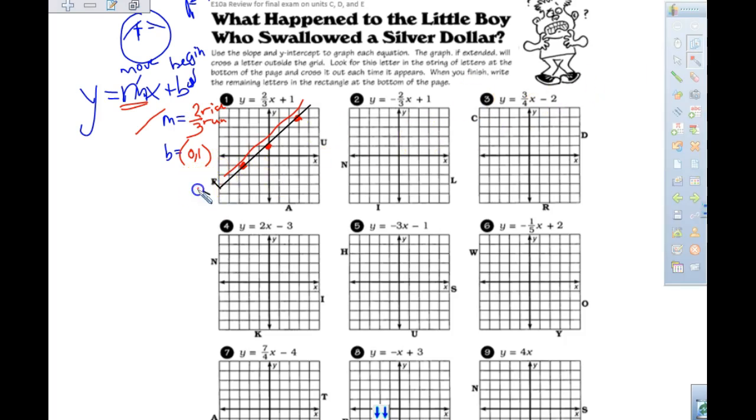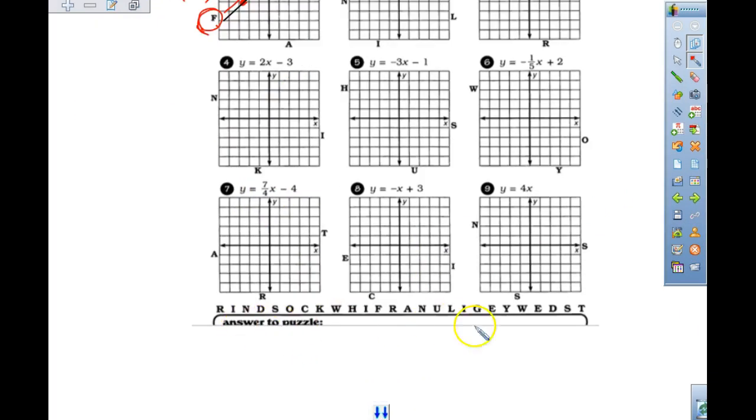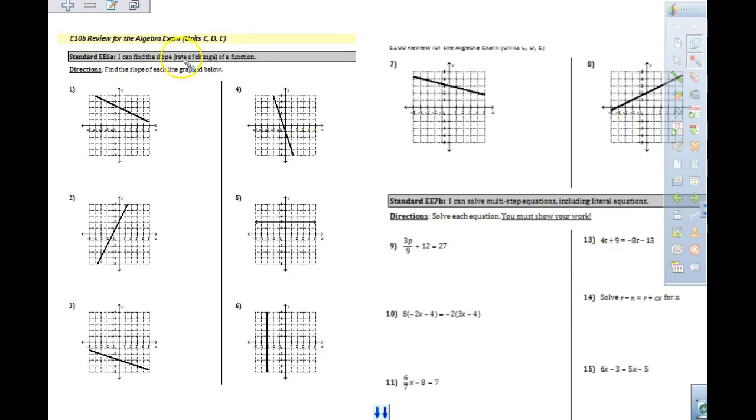In this case, it goes through the letter down here, which was F. What that means is down below it says, use the slope and y-intercept of each graph, graph it, extend it, and cross out the letter on the grid. So every place down below where there is an F, I'm going to be crossing that off. And then at the end, when you're done with all of these, there will be certain letters left that will give you the answer to the question. Okay? Please turn to that next page.